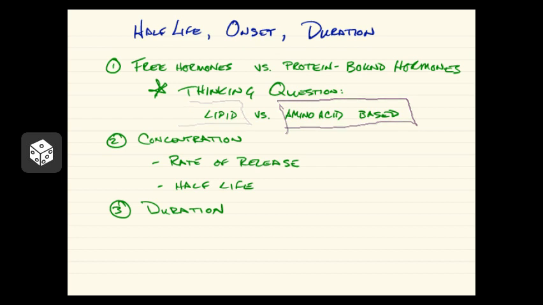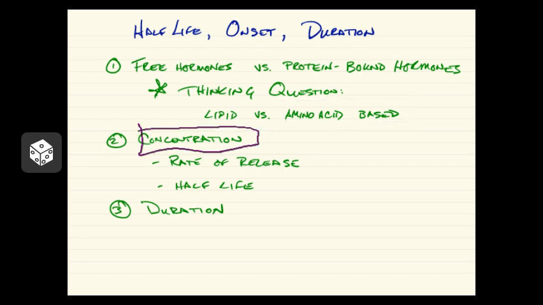Now, another thing that is going to influence how effective a hormone is going to be is the concentration of that hormone in its active form in the bloodstream as it goes to its target organ. Now, the concentration is affected by the rate of release. If it's released at a faster rate, the concentration will be higher. The other thing that has an effect on concentration is its half-life.